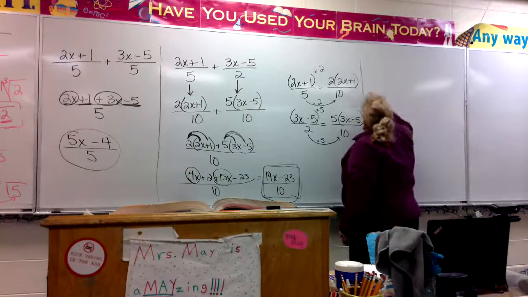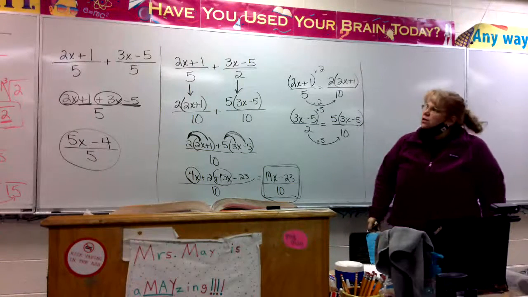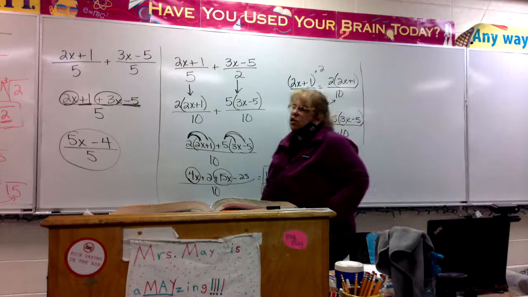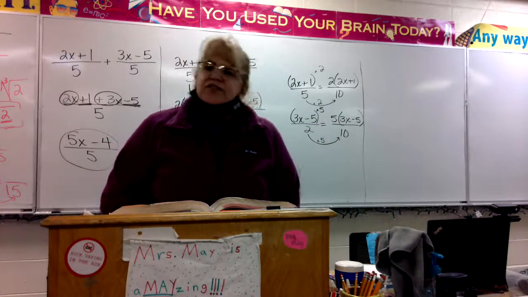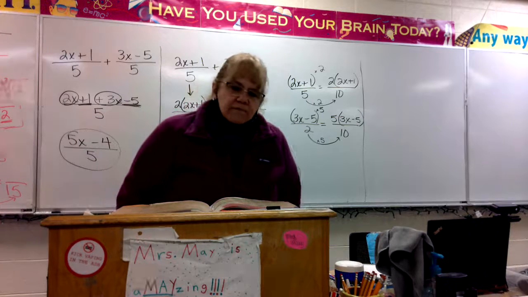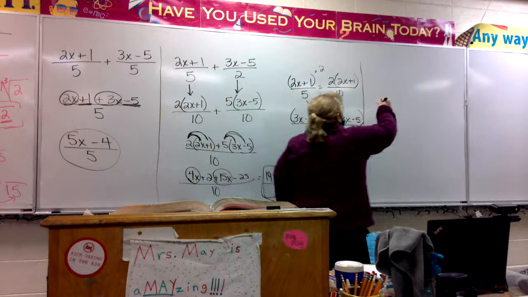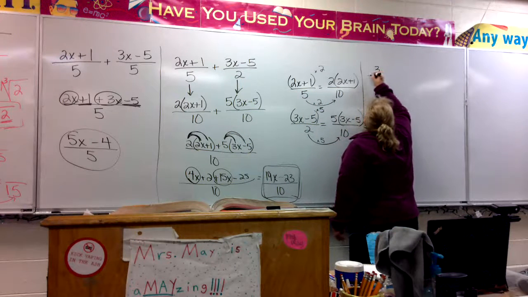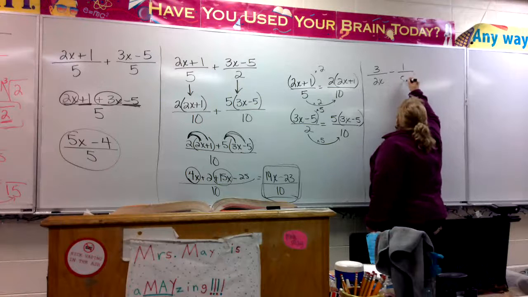Well, today we're going to do almost the same thing, except we're going to throw in some variables. We're going to throw in some letters in the denominator. This is algebra, you know. So 3 over 2x minus 1 over 8x squared.